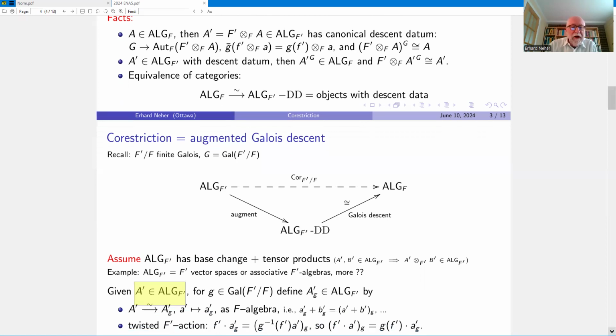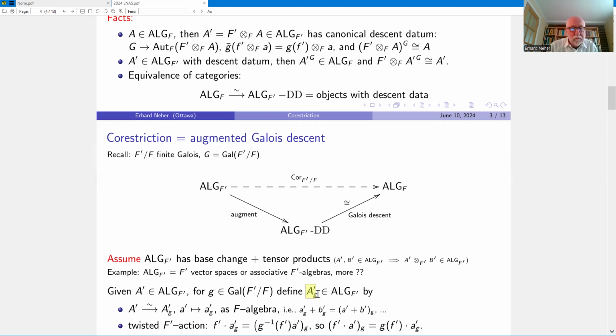So we define a new object in Alg F over F prime, which I denote by A prime lower g. And this object is essentially the same as our original A prime. It differs only by the scalar multiplication from F prime.